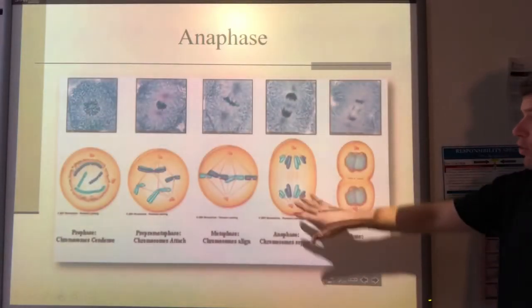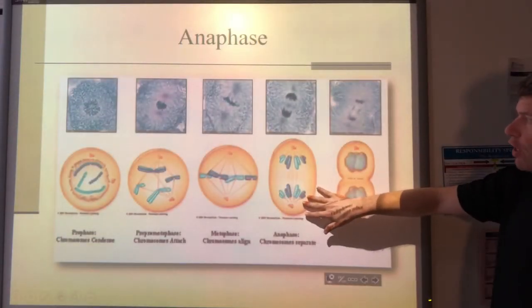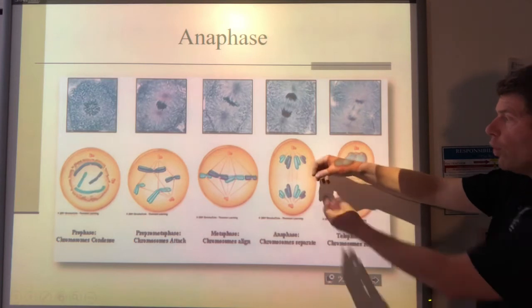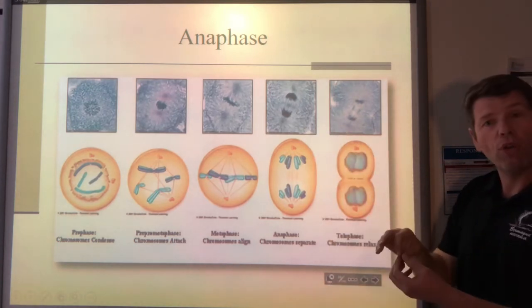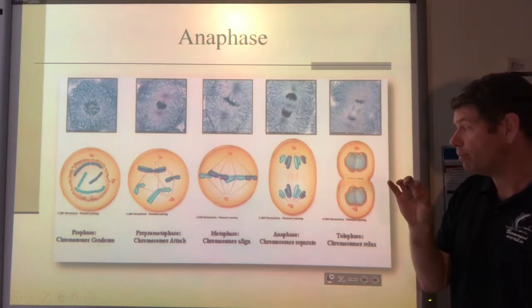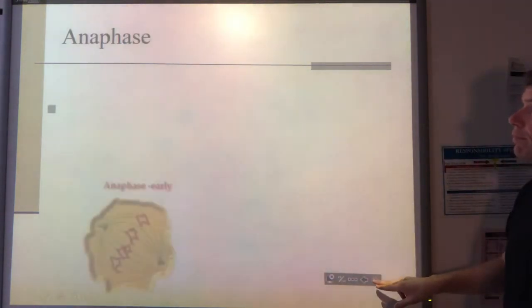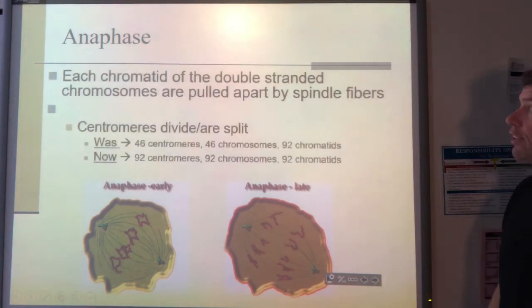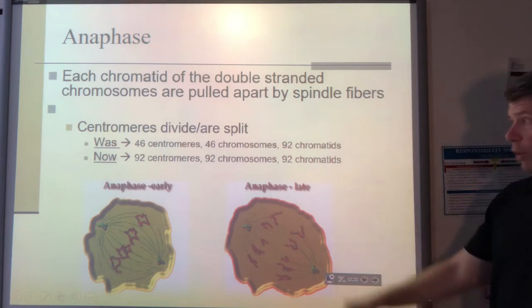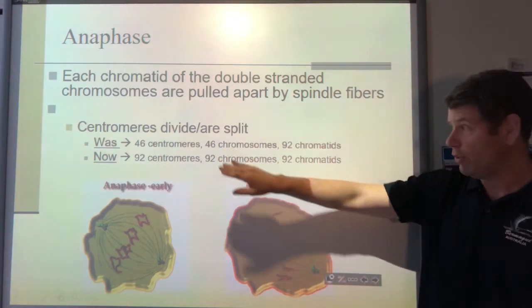Now in anaphase, so here we are in anaphase, you'll see that the spindle fibers are going to contract towards the centrioles and pull those sister chromatids apart. So each chromatid of the double-stranded chromosome is pulled apart by those spindle fibers. So here we go with our little count.